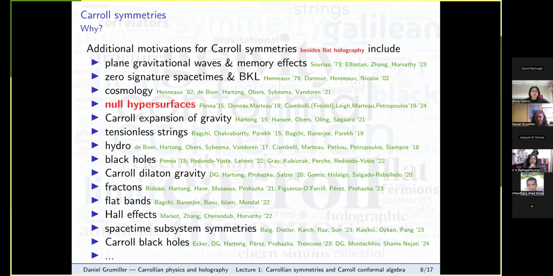And it's also the main motivation that I'm going to use in my lectures, why we care about Carroll symmetries. And honestly, if this was the only motivation, it would be sufficient to care about it, because we want to know, does holography work in spacetimes beyond anti-de Sitter space? Does it work in our universe? And does it work in situations where we have a good approximation to say there's an isolated system like a black hole or a bunch of black holes or some isolated galaxy or whatever, and we neglect everything else in the universe.